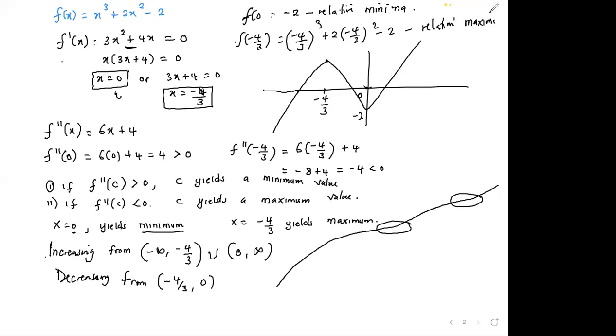So we got the 0, which yields the minimum, and substitute in the original function. If you put 0 there, then you get -2. Yes, that's the -2 which you are calling the relative minimum, because we are saying 0 will yield the minimum. So that's the one. It's -2.